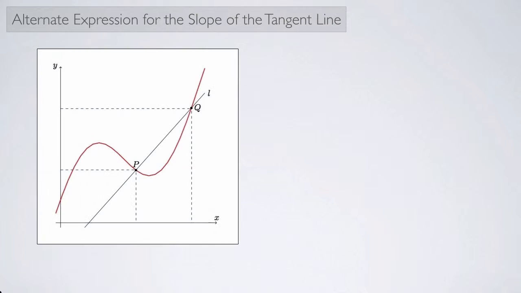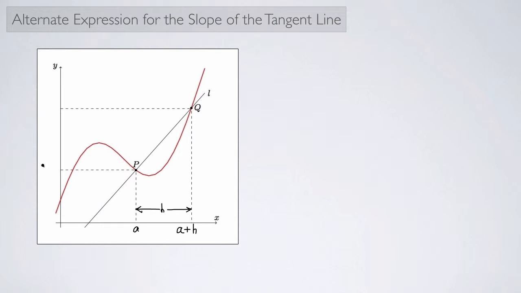So let's start over here and we'll look at our curve once again, except this time I'm going to use a slightly different notation. So again, I'm going to let the x coordinate of point P be a, and this time I'm going to let this x coordinate be a plus h. So what that means is this distance right here between these two x coordinates is h.